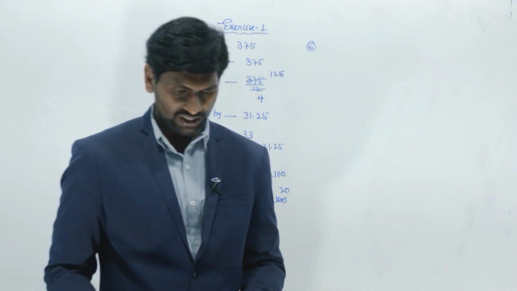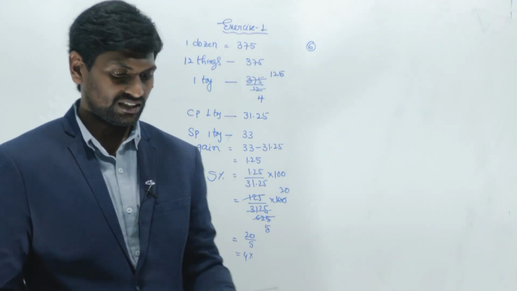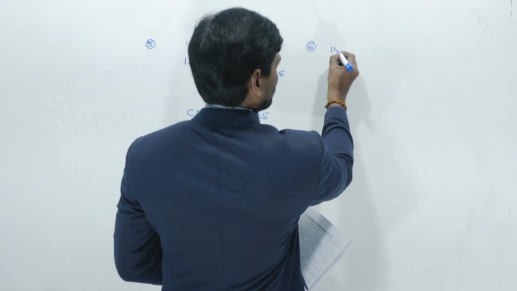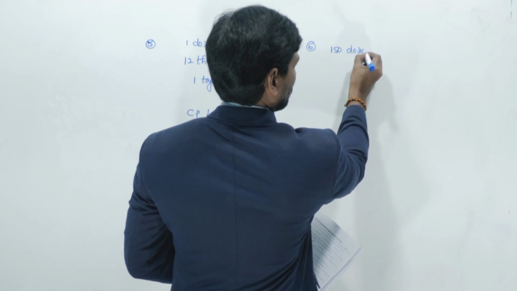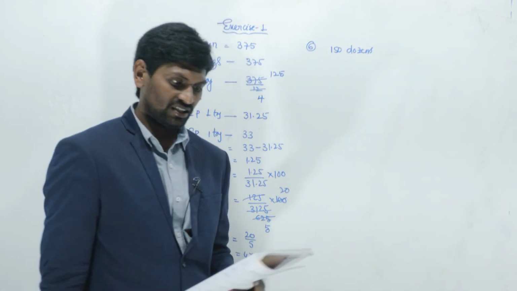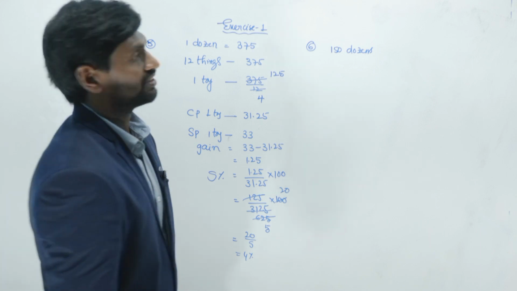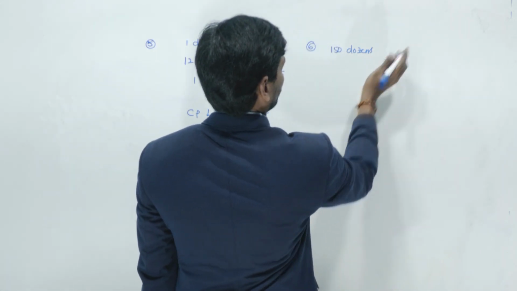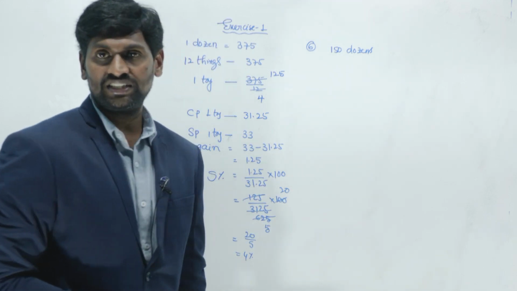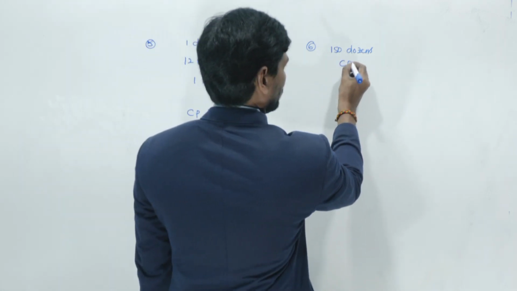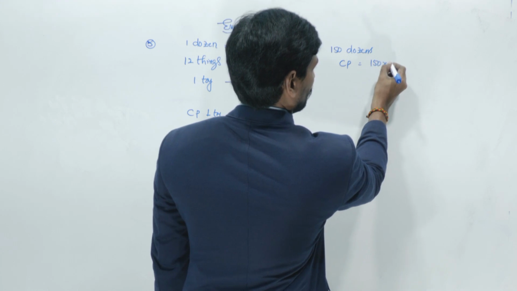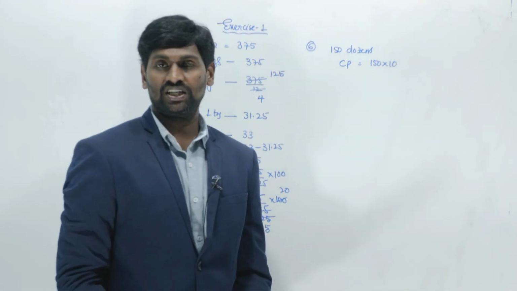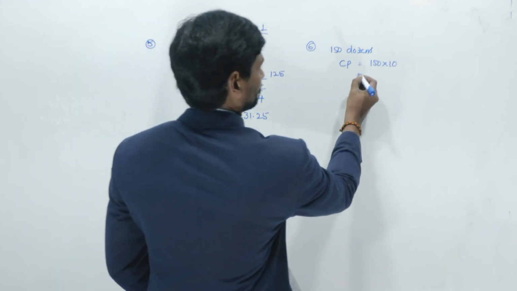The sixth problem is: Karim bought 150 dozens of pencils at 10 rupees per dozen. 1 dozen is 10 rupees. So cost price is 1 dozen 10 rupees, which means 1500 is the total cost price.